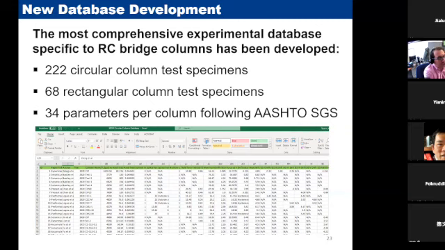So every bridge engineer in the nation will understand what is the yielding that we're saying, what is, let's say, prime C. So basically everything has been defined per AASHTO. So 34 parameters per column were collected in the database.